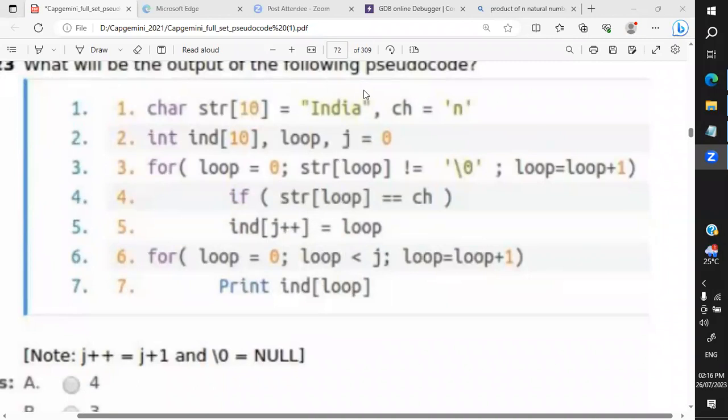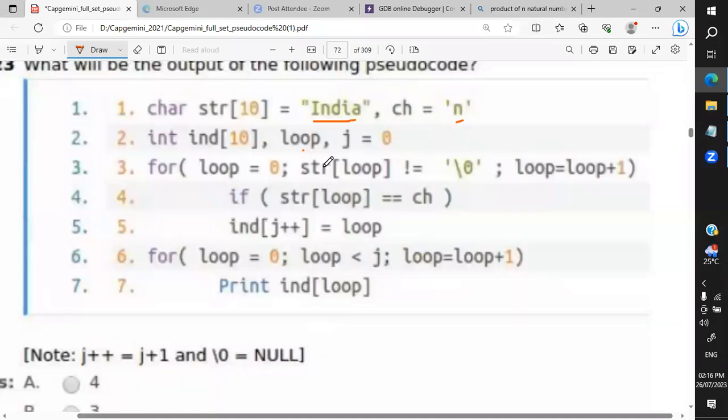It's a very simple question, just try to understand carefully. We have a string which is India, and we have one character called N. Now we are taking one integer array of size 10. Then we have one variable called loop, and another variable called j equal to 0.